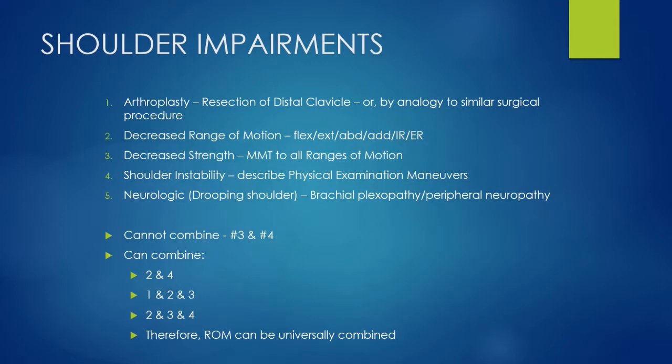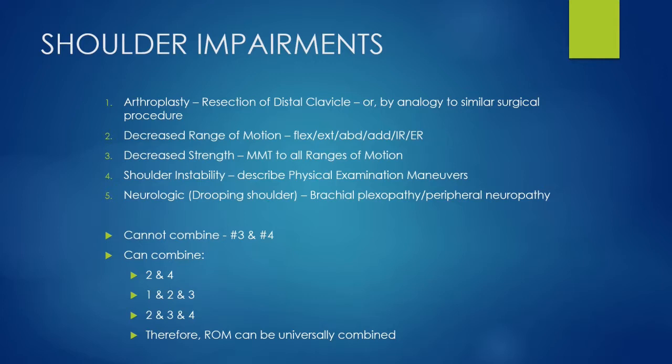Now, the AMA guides provide for us 5 possible options that we can utilize in coming up with an impairment rating that's an accurate description of the examinee's current condition and an accurate description of the impact of their condition on their activities of daily living.